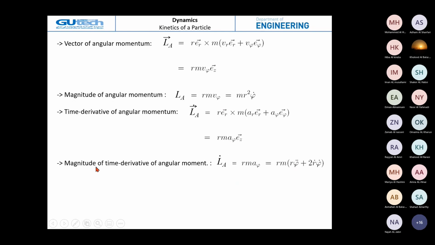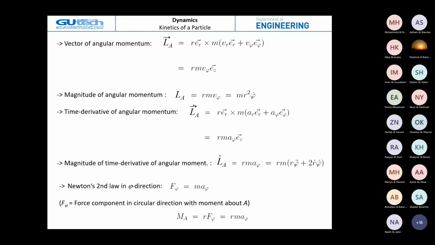Then we get the magnitude of the time derivative of the angular momentum, L dot A, which will be only r m a_phi. And a_phi, I repeat, we have seen in part 1, is r phi double dot plus 2 times r dot phi dot.